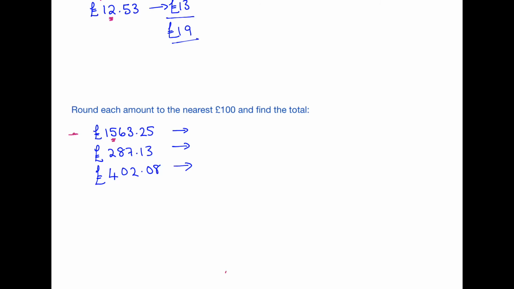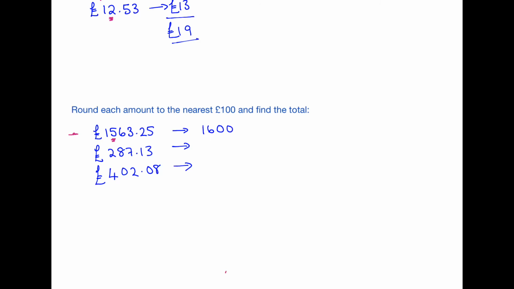So the 6 tells us we need to move that up one, okay? So instead of the 5, we've now got a 6. But this was 1,000 and something. It still needs to mean 1,000 and something. Oops, I just put a decimal point there by accident. And so to keep it meaning 1,000 and something, we need to put those zeros in.